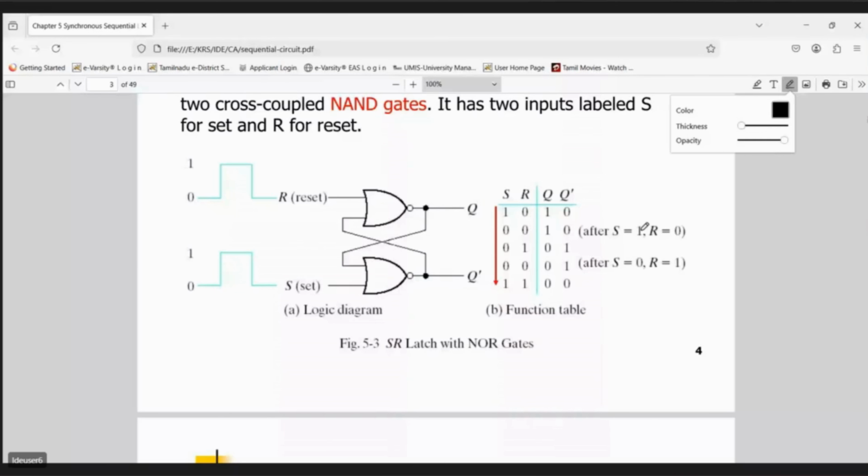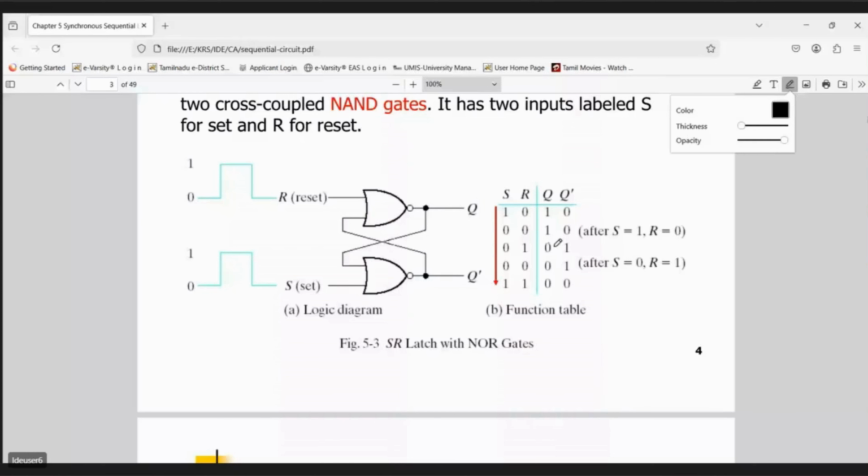The next one, if we reset the diagram, the reset value is equal to 1. Similarly set equal to 0, therefore when reset is 1 the value of Q will be 0. Then with 0 0, Q dash is equal to 1. So reset equal to 1 and Q dash 1, then the Q value is equal to 0.